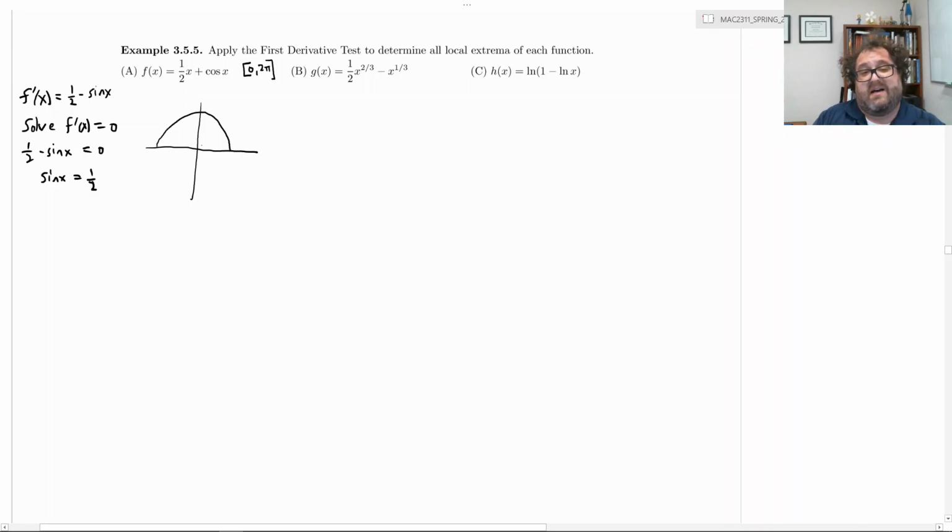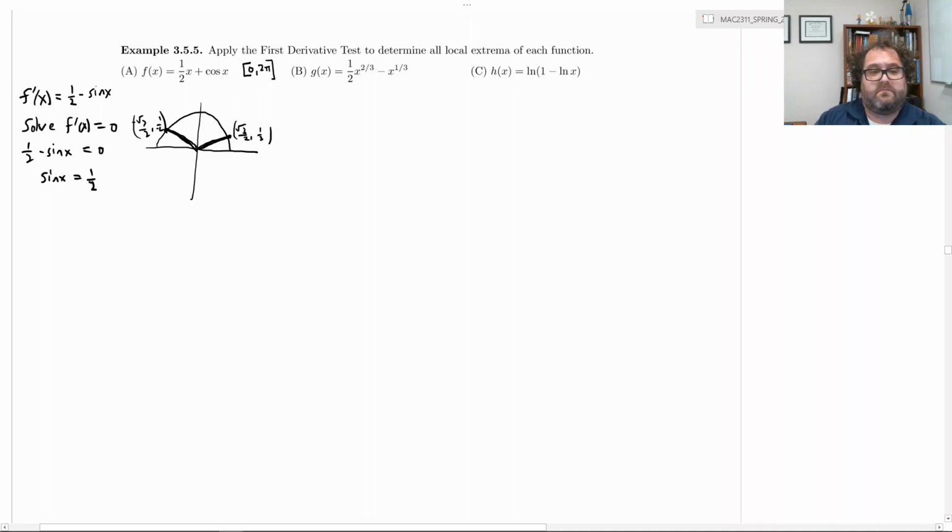Now where's the sine 1/2? Where's the y value 1/2? Well, I think it's over here, and the coordinates of that point are root 3 over 2 comma 1/2. And then what about the reflection over here, where those coordinates are negative root 3 over 2 comma 1/2.